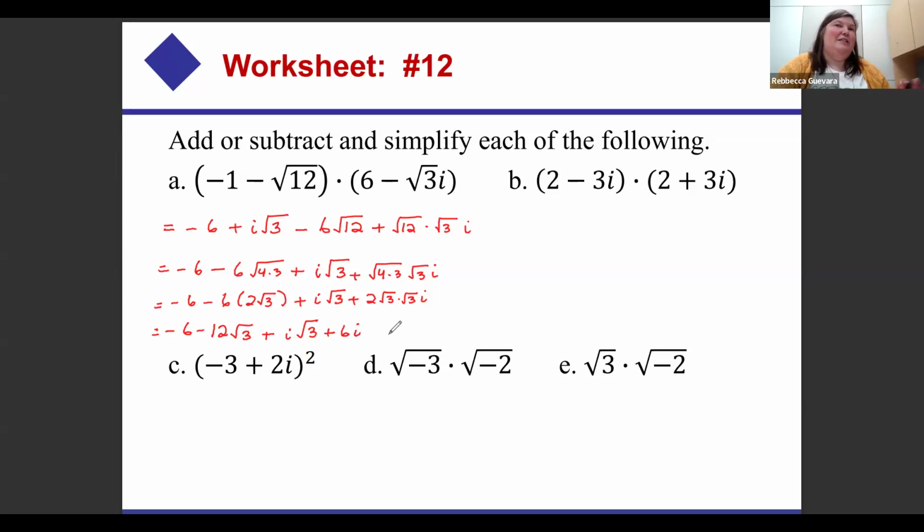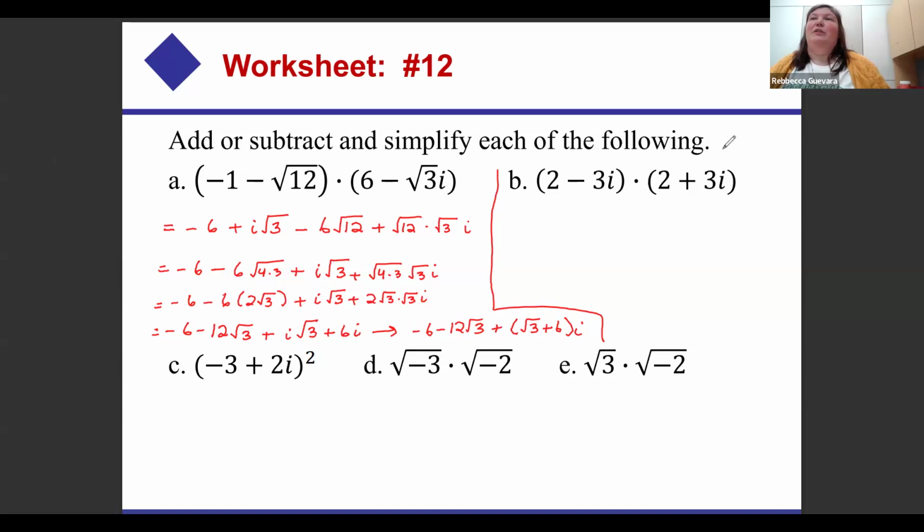All right, and that is about as simplified as I get it. If you want to make it look more like a complex number, you might just pull out that i like that. But yeah, that one was just a little bit of a monster.